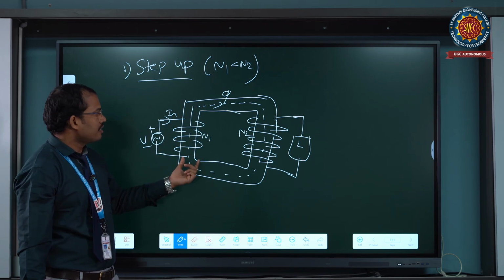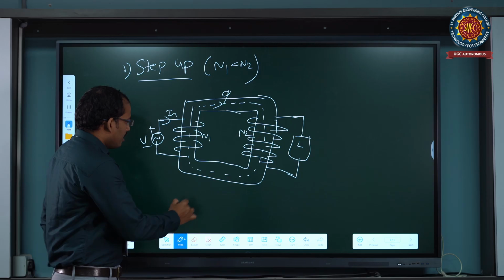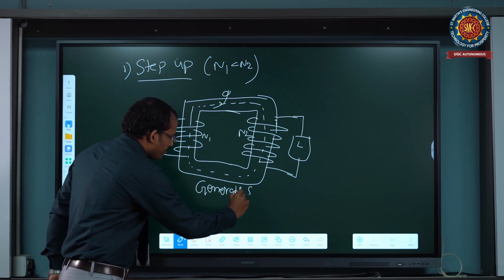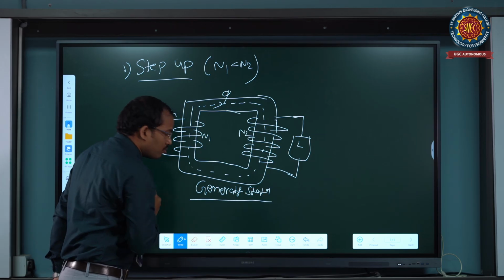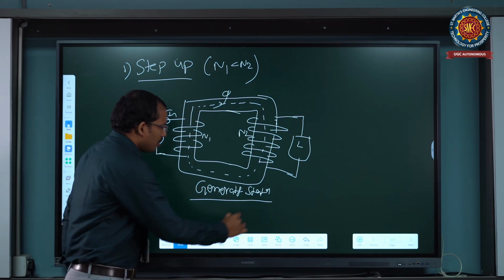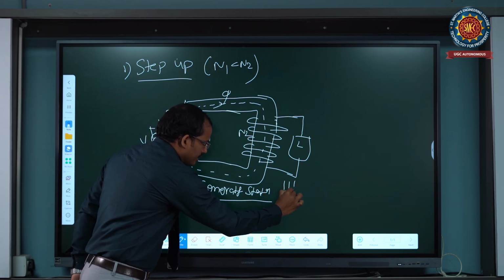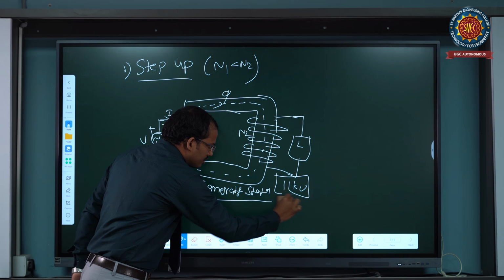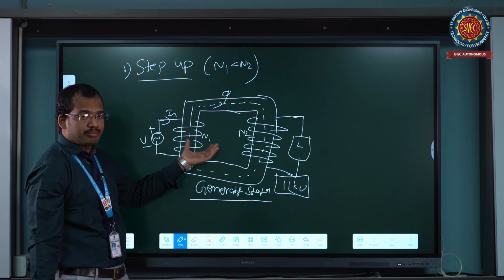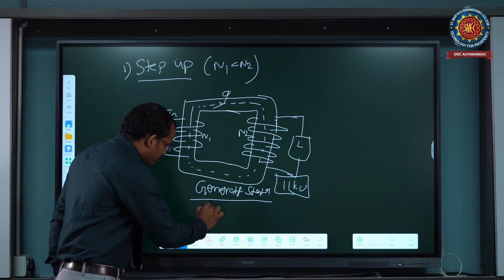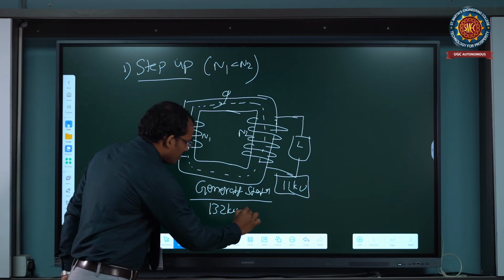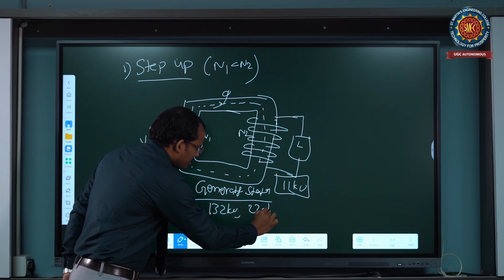This step up transformer is used at generating stations, where we increase the voltage levels. Generating stations generate 11 kV or 13 kV, and using step up transformers we increase that voltage up to our requirement, 132 kV or 220 kV.